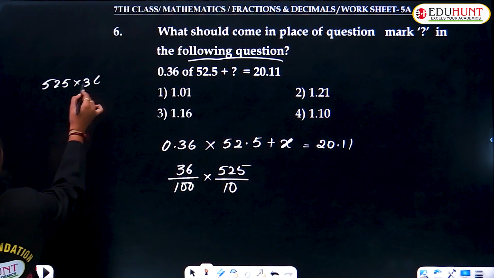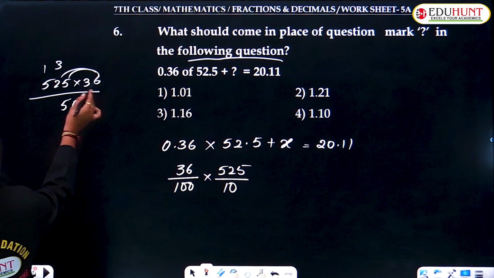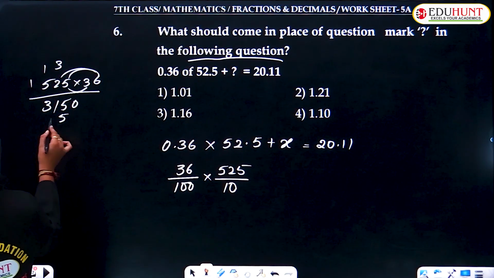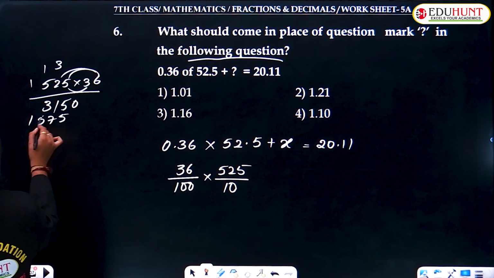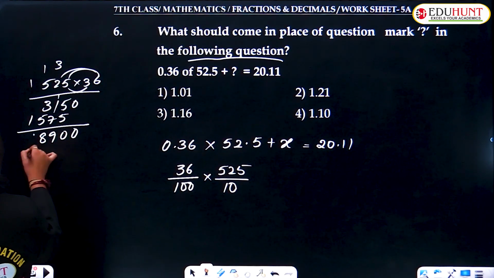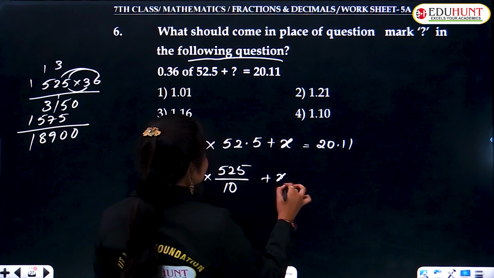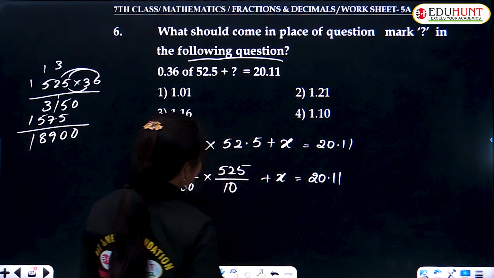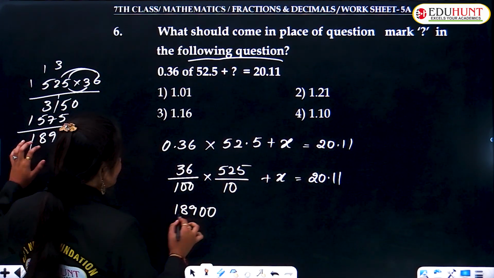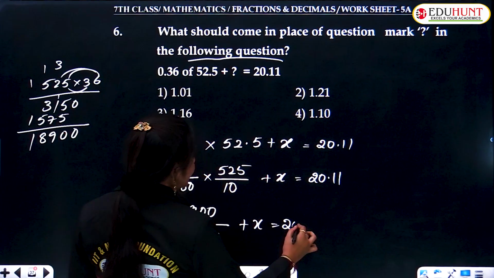525 into 36. First 6 5 is 30, 6 2 is 12 plus 3 is 15, 6 5 is 30 plus 1, 31. Next 3 5 is 15, 3 2 is 6 plus 1 is 7, 3 5 is 15. 0, 10, 7 8 9, 8 1. 18,900 plus x is equal to 20.11. 36 into 525 is equal to 18900 by 100 into 10 plus x is equal to 20.11.